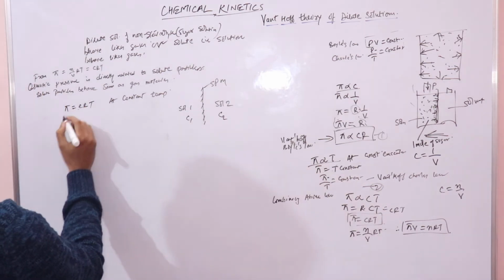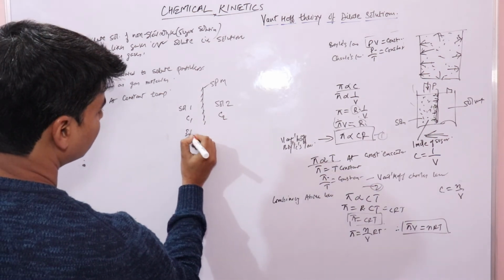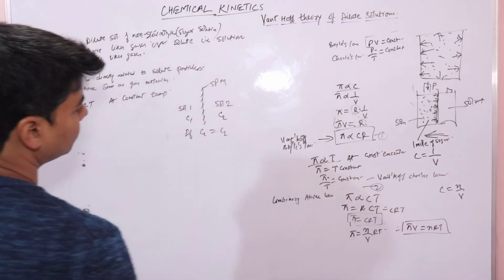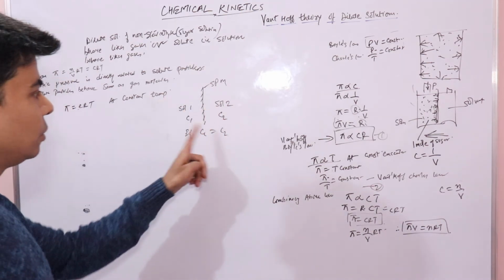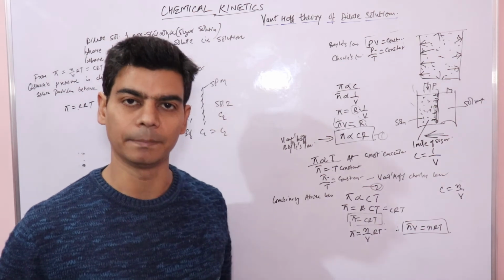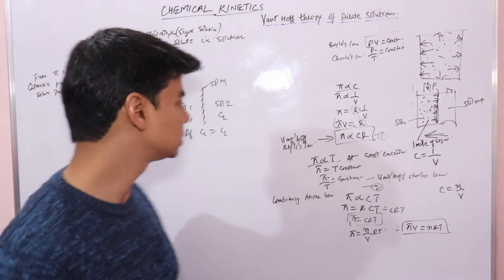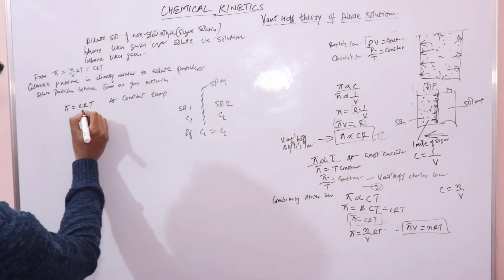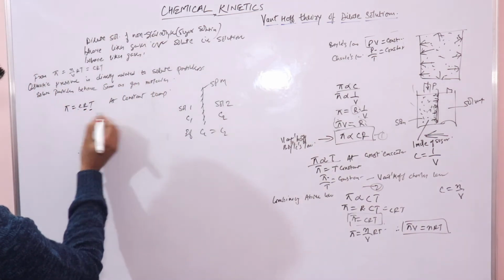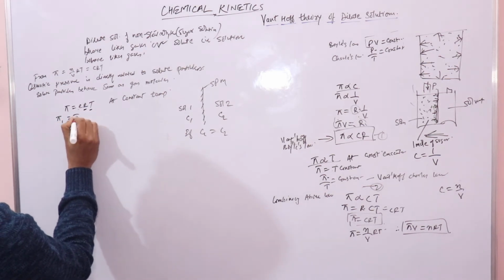So here, if C1 is equal to C2, that is, if the concentration of both solutions separated by a semi-permeable membrane is the same, that is, we have the same number of solute particles in both solutions, then since R is constant at constant temperature, pi 1 is equal to pi 2, right?